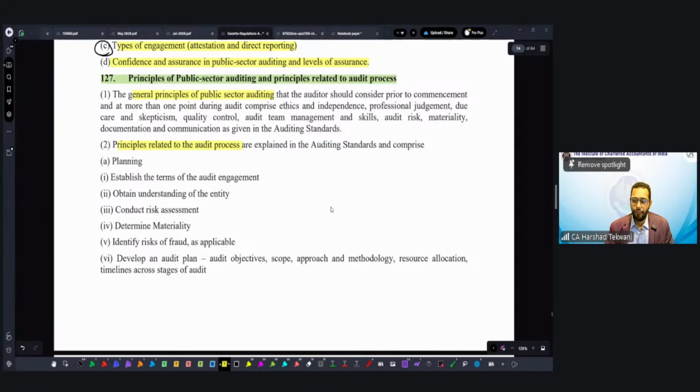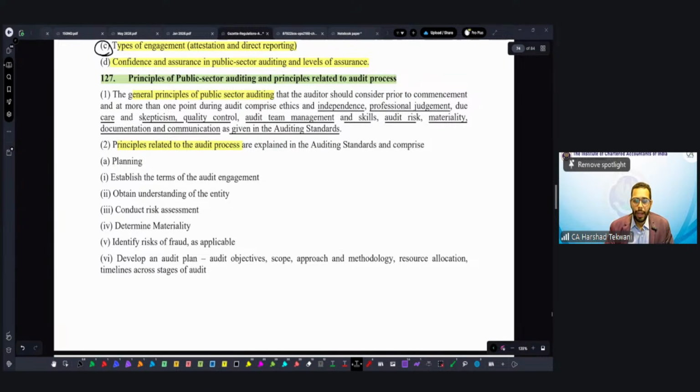We are talking about independence, professional judgment, due care, skepticism, quality control, audit team management and skill, audit risk, materiality, documentation, communication, as given in the auditing standards. These are the basic principles that we have discussed. You are also aware of them, so we will not go into much detail.